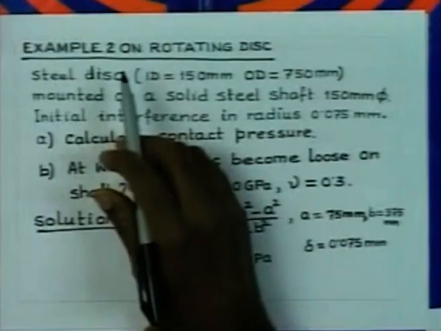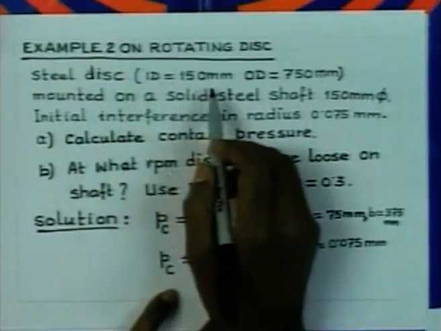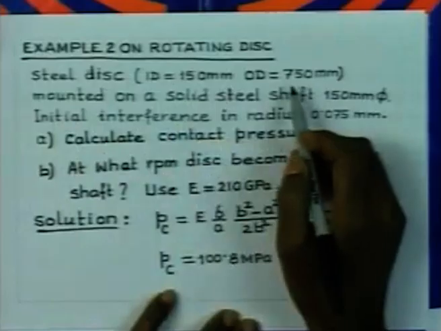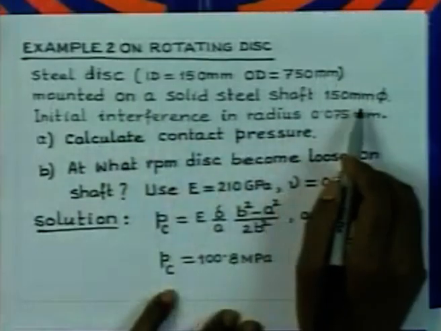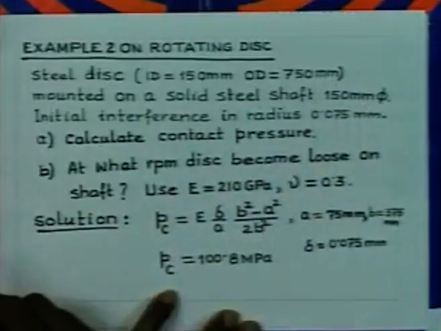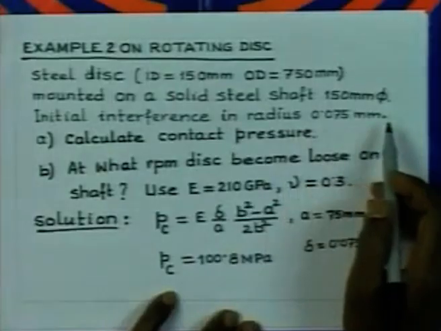Let us consider another example. There is a steel disc of inner diameter 150 millimeter, outer diameter 750 millimeter, mounted on a solid shaft of 150 millimeter. Initial interference in radius was 0.075 millimeter.